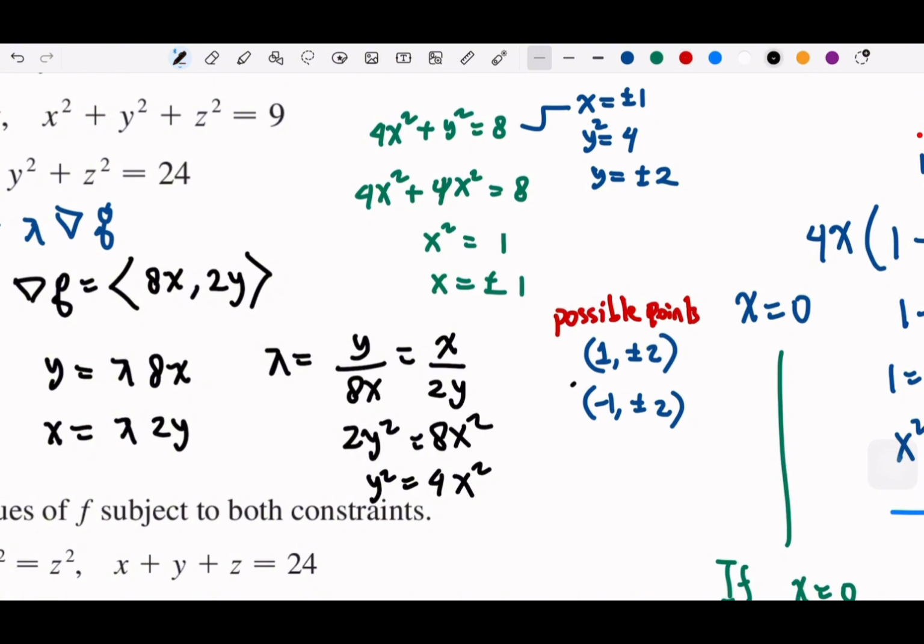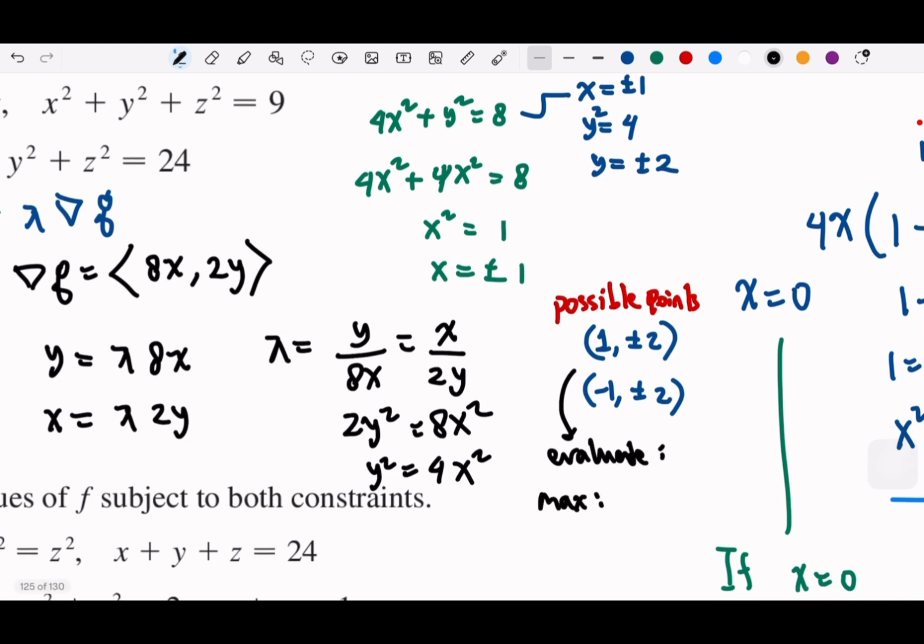If we evaluate, we get that the max is when f is plus minus 1, plus minus 2, or should be 1, 2, or negative 1, negative 2.